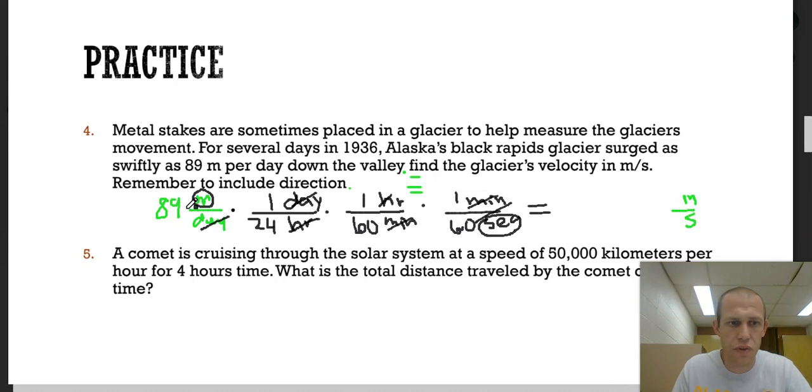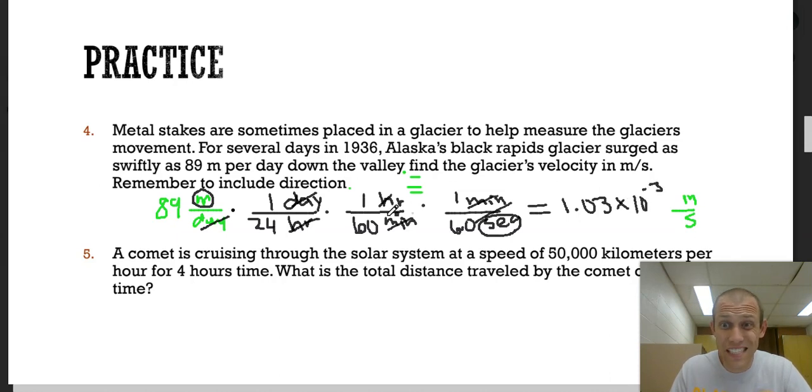So what I have to do is take 89 times 1 times 1 times 1, divided by 24, divided by 60, divided by 60. And when I do that, I get out a pretty small number. That number in scientific notation is 1.03 times 10 to the negative third.